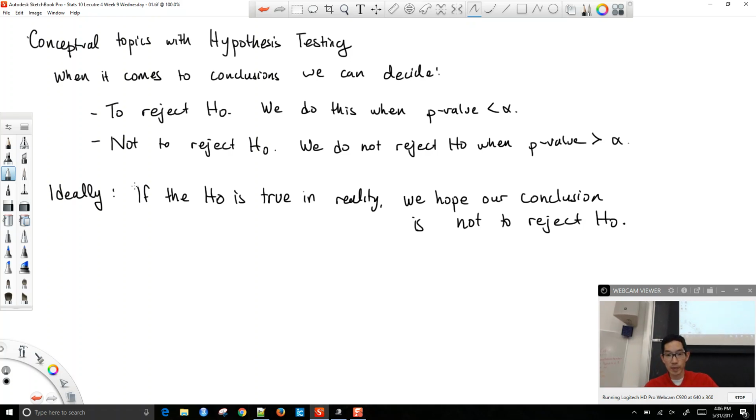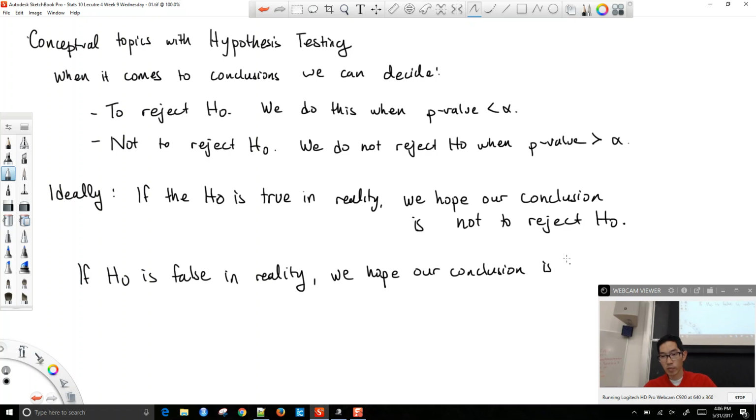Yeah. And on the other hand, if the null hypothesis is false in reality, okay? So if the truth is that the null hypothesis is false, we hope our conclusion will be to reject the null hypothesis.